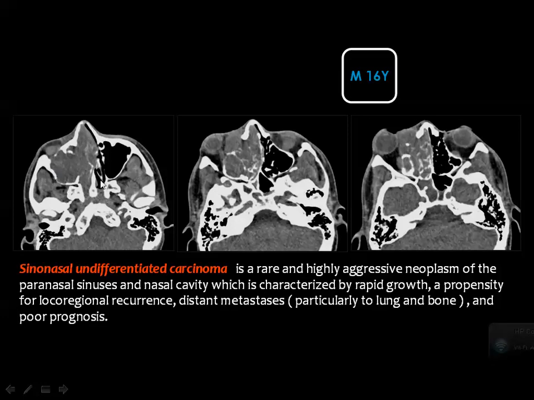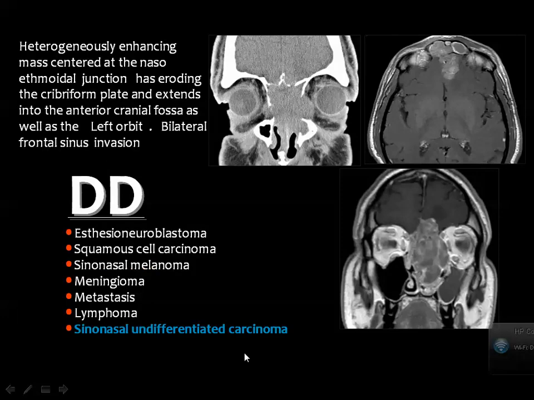In the tumor, you can appreciate very easily the aggressiveness of bone destructive changes. And as I have mentioned, if you see a lesion which is centered to the ethmoidal air cells, either unilateral or bilateral, with some extension into the adjacent orbit or both orbits, as well as intracranial extension, then the differential diagnosis will include esthesioneuroblastoma or olfactory groove neuroblastoma, squamous cell carcinoma, metastasis, and lymphoma.